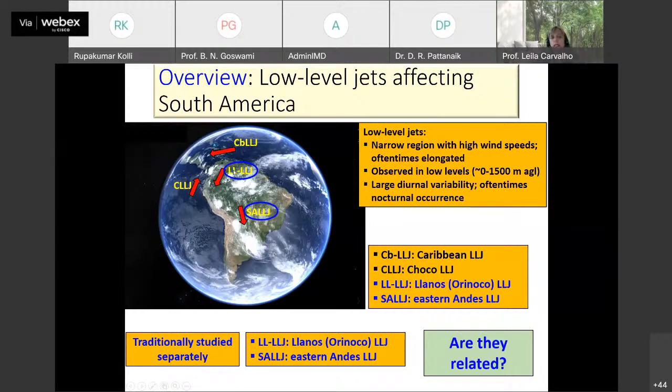Then we have the northern jet we call Orinoco. Some call it the Orinoco jet, and then you have the Caribbean jet, and then you have the Choco jet. But for this talk, I'm going to focus on these two over South America, and also trying to understand if they are related and how they play a role for the monsoon.